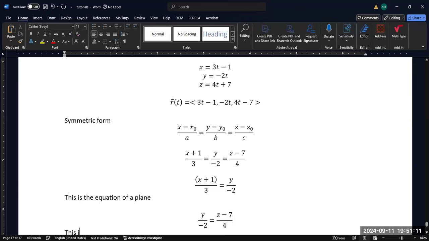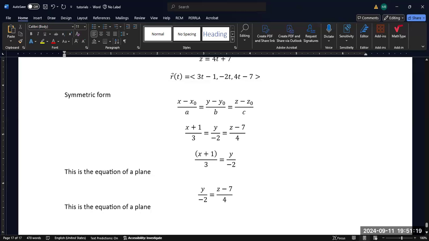This is also an equation of a plane. And somewhat redundantly, if I took x plus 1 over 3 and set it equal to z minus 7 over 4, that would also be a plane, but they all intersect on the same line. So I really only need 2 of the planes to obtain the representation of the line. So that's really what's going on here. But this is a compact way of writing this. And again, you can also derive this formula by taking your parametric forms, solving for t, and then setting t equal to everything.